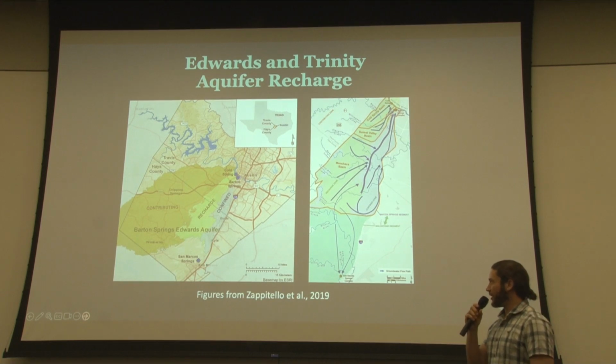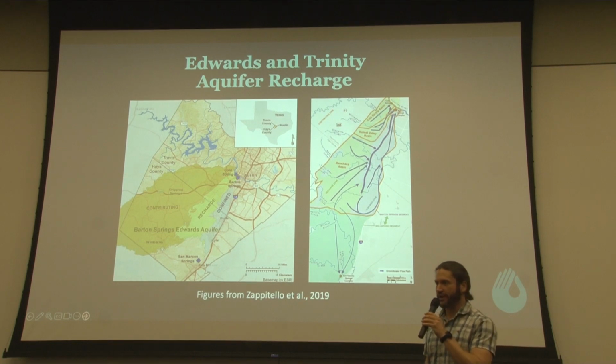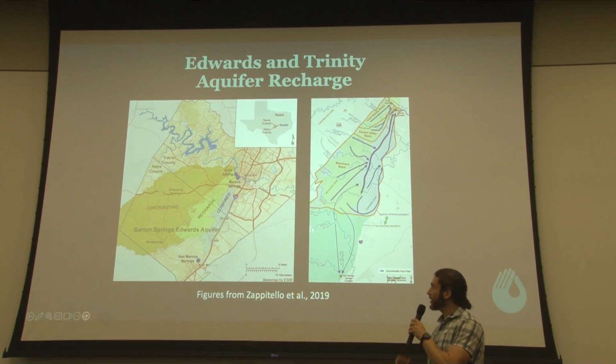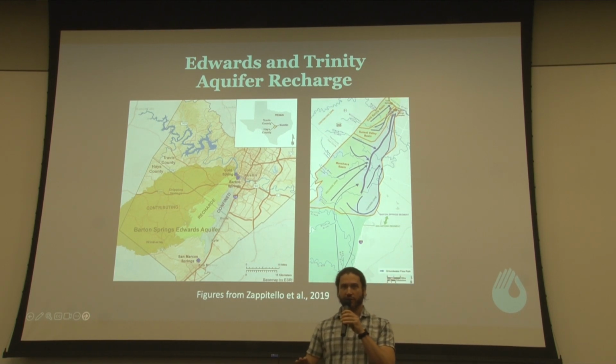So a little bit on how recharge happens for both the Edwards and the Trinity Aquifers, which are the aquifers that the Barton Springs District manages within Travis and Hays County. So generally, as Dr. Gannon mentioned, most of the recharge for our karst aquifers occurs through direct recharge through surface water streams that are flowing over the recharge zone.